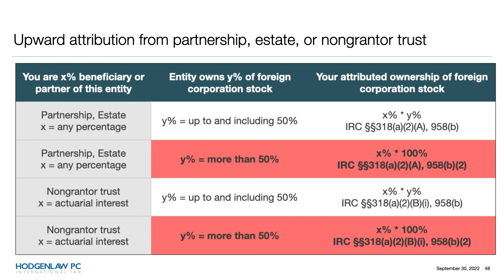At that point, you just use your ownership interest in the entity multiplied by 100%. And this is true for partnerships, estates, and non-grantor trusts. And that's the impact of Section 958(b)(2), which is one of the overrides in Section 958 to the default attribution rules of Section 318.